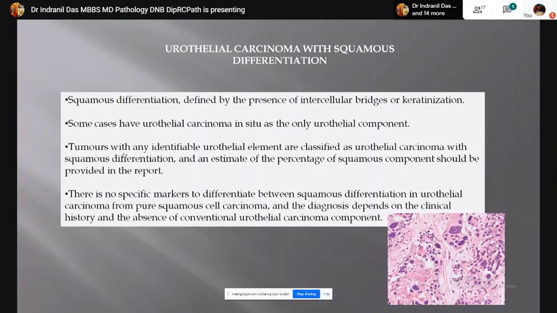In urothelial carcinoma with squamous differentiation, the percentage of squamous component should be mentioned in the report. There is no specific marker that can differentiate between squamous differentiation in urothelial carcinoma and pure squamous cell carcinoma. As I said, it entirely depends upon the presence or absence of any urothelial component in the form of in situ or invasive forms.